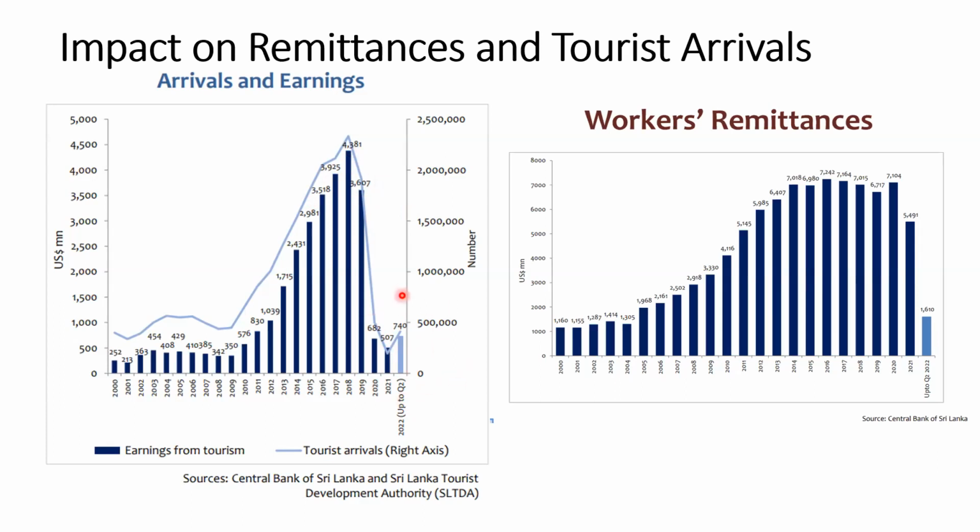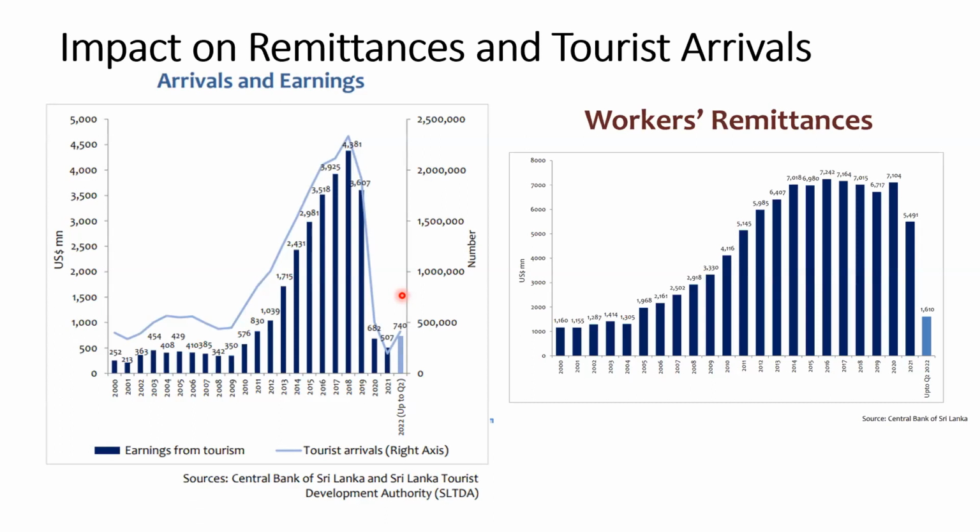That means to overcome the situation, definitely we have to provide a good environment to boost tourism, as well as we have to encourage worker remittances. That's the easiest method.